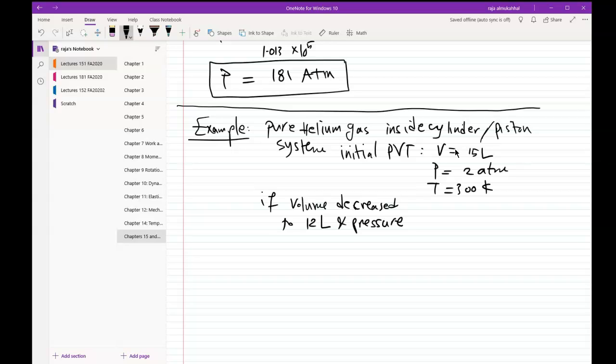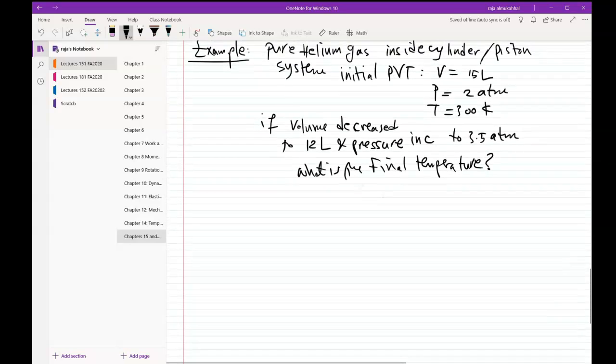So the pressure increases to 3.5 ATM. Question: what is the final temperature? Okay, now it sounds like a hard problem, but it's not.